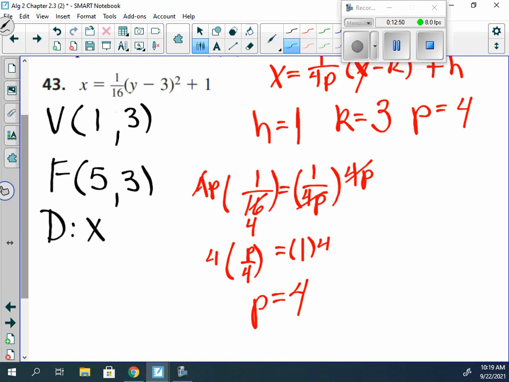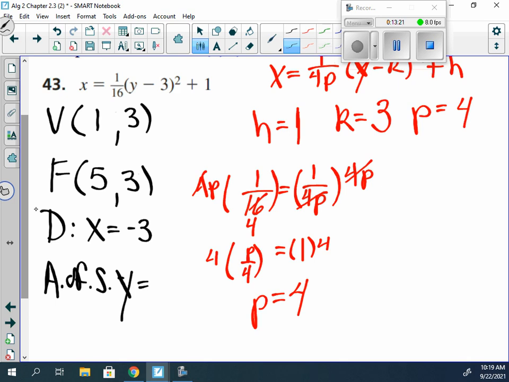Directrix is x is equal to negative 3, h minus p, so 1 minus 4. 1 minus 4 would be negative 3, because it's h minus p.